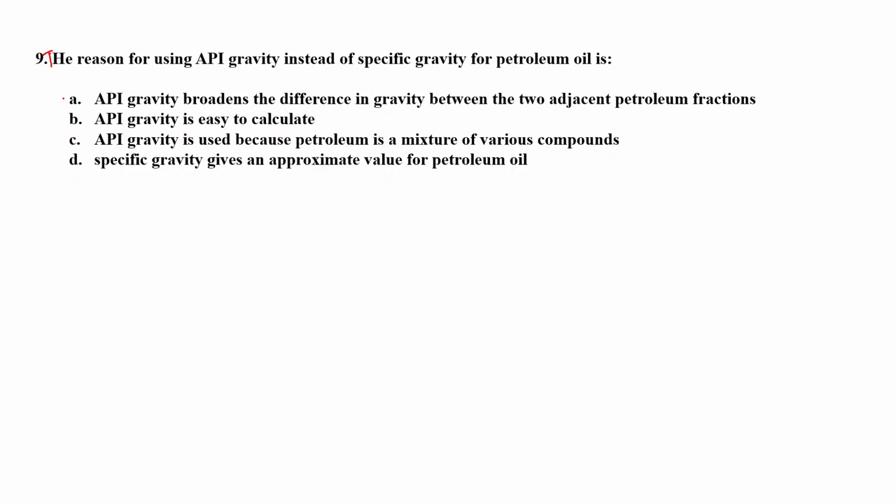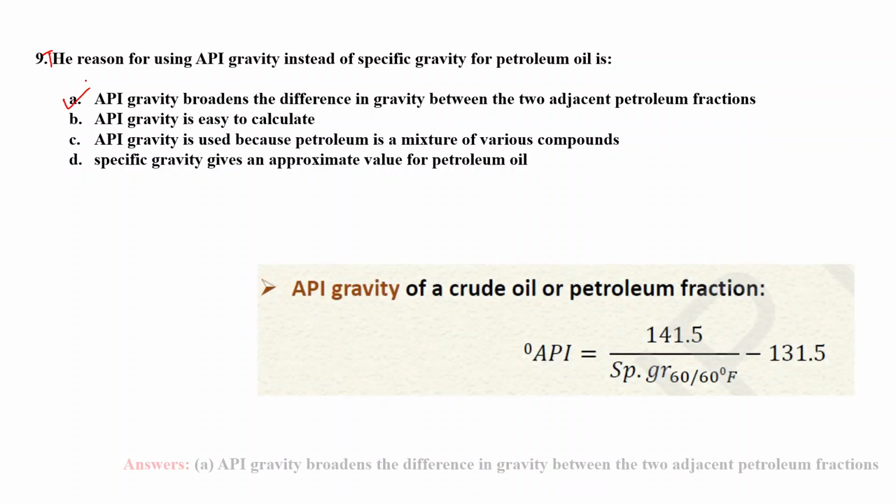As I told, it is basically to broaden the difference between the gravities so that we can easily differentiate between two crude oil cuts. Since specific gravity is in the denominator, even if the difference between the specific gravities is very small, after calculating the API gravity you will get a broader scale.